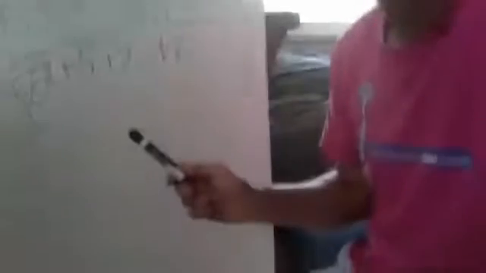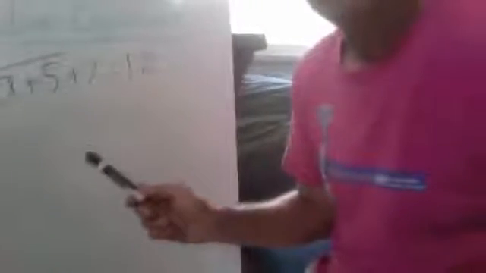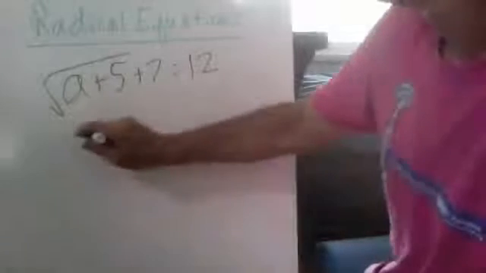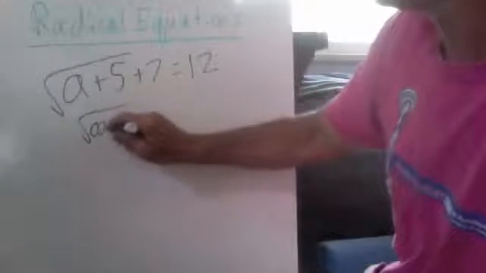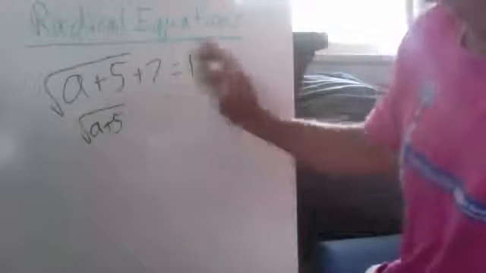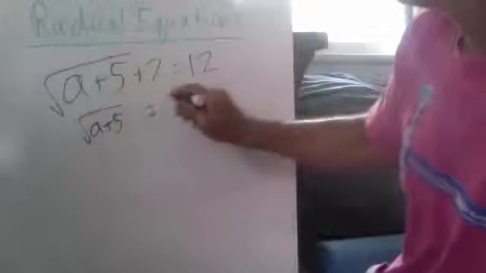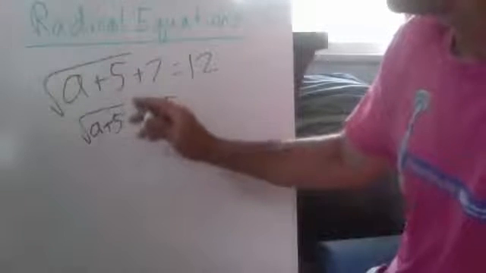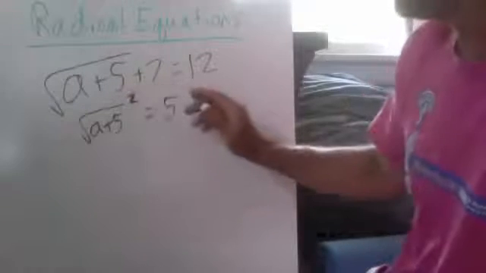So let's get that to the other side. We're going to move that to the other side first and just leave the radical sign behind. Square root of a plus 5. Move that over and subtract it. Equals 5. And now at this point, we can square this and square this.